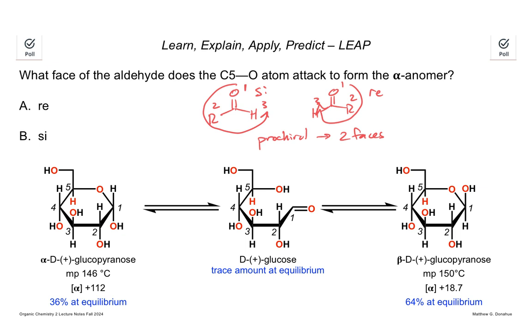So if we wanted to form the alpha anomer, the left structure, it's asking you this green oxygen I'm highlighting, what face of that C1 carbon is it attacking? So let's put in our priorities here. 1, 2, and 3. And we see that we want the H group to go up, then this blue oxygen to go down.